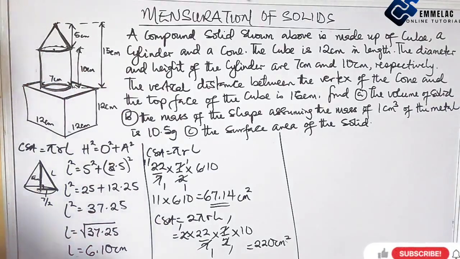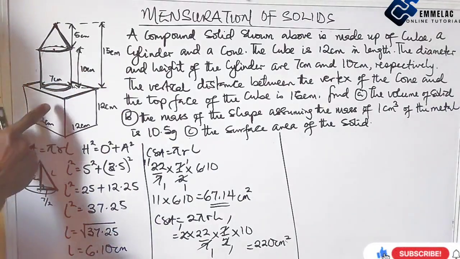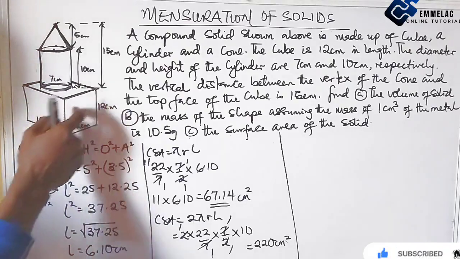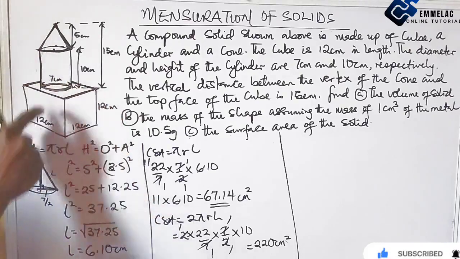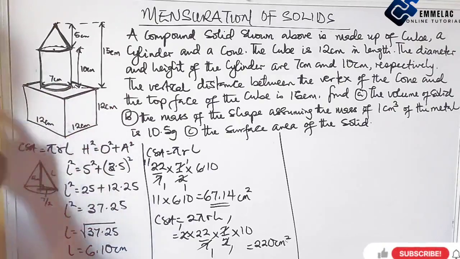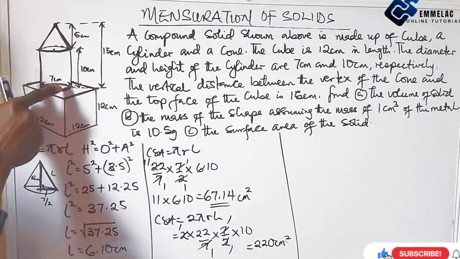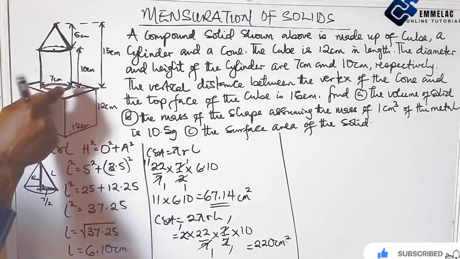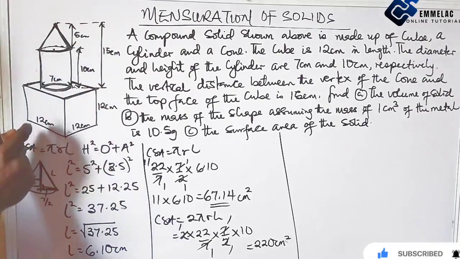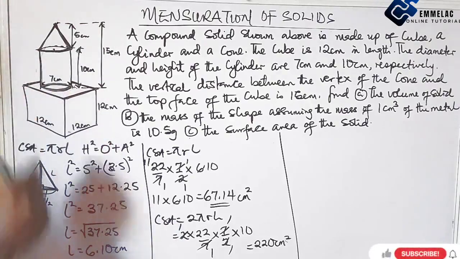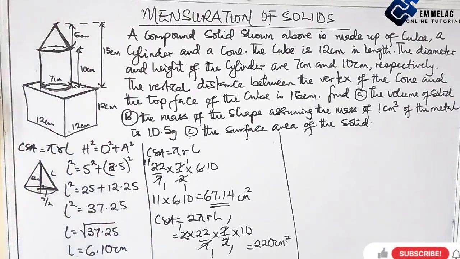So for us to get the surface area of this cube, we need to calculate for the remaining 5, since it has 1, 2, 3, 4, 5, 6 faces. This circle has taken this away, so we'll calculate for the remaining 5 and the remainder of this surface.